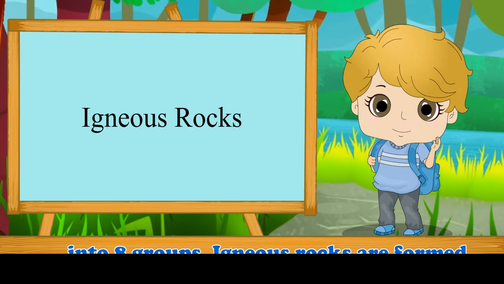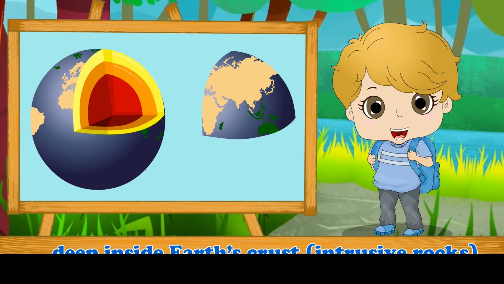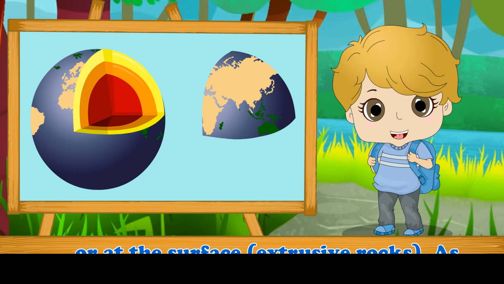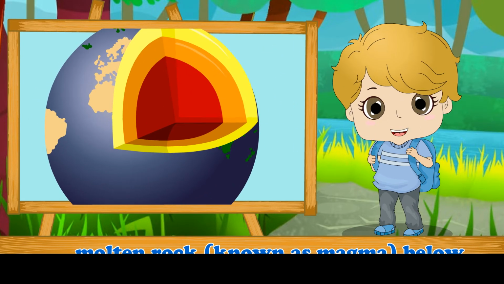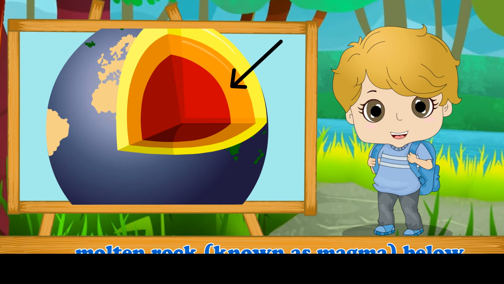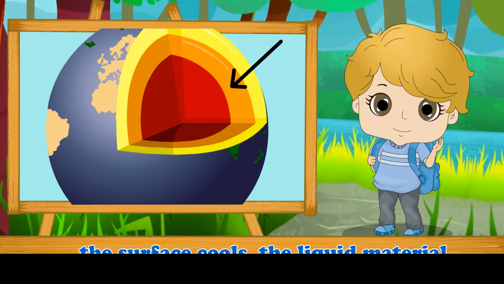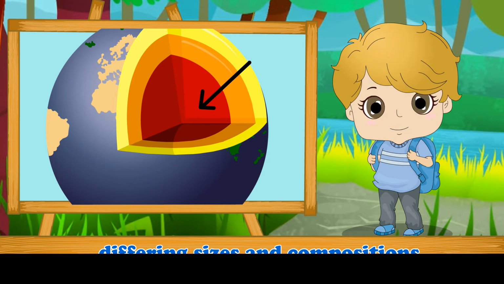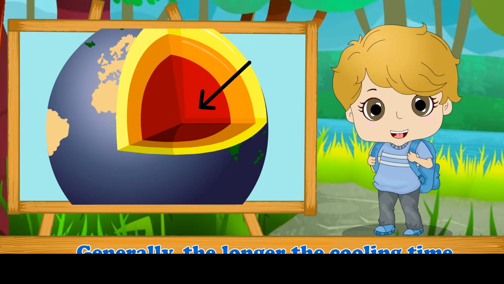Igneous rocks. Igneous rocks are formed deep inside Earth's crust, intrusive rocks, or at the surface, extrusive rocks. As molten rock, known as magma, below the surface cools, the liquid material begins to solidify into minerals of differing sizes and compositions.